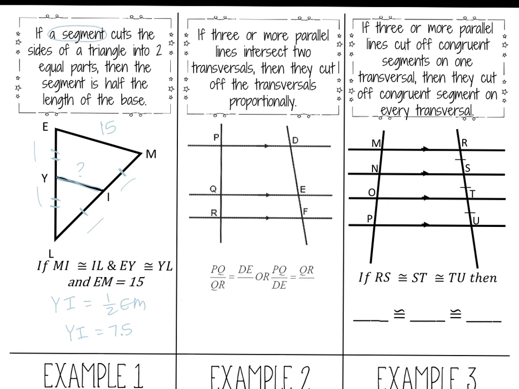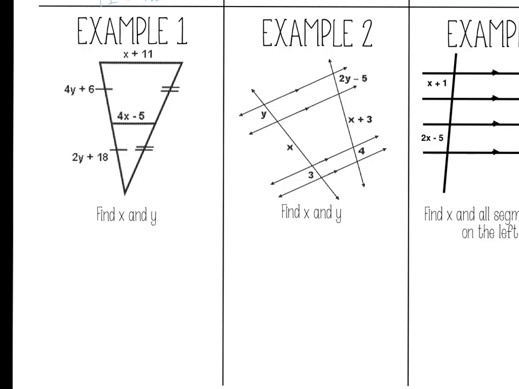So we're going to use that theorem to do example number 1. Okay, so example 1, it asks us to find x and y. So we have to look at our problem here. These y's are both on the sides, and since they have the little dash marks, those are going to be equal to each other. So in this particular problem, we're going to solve for x and y separately.